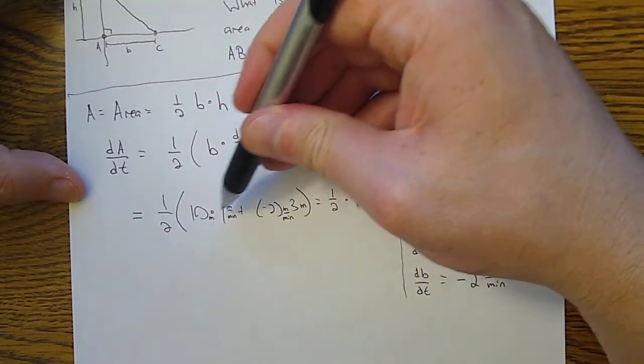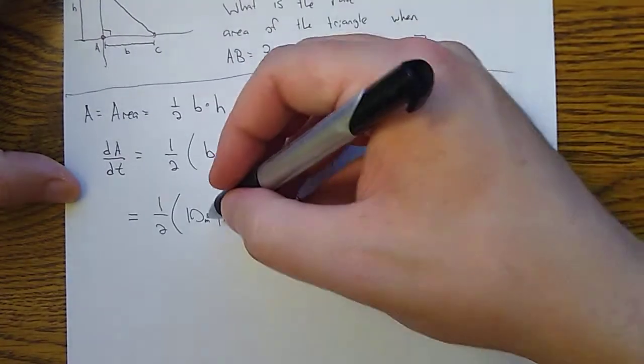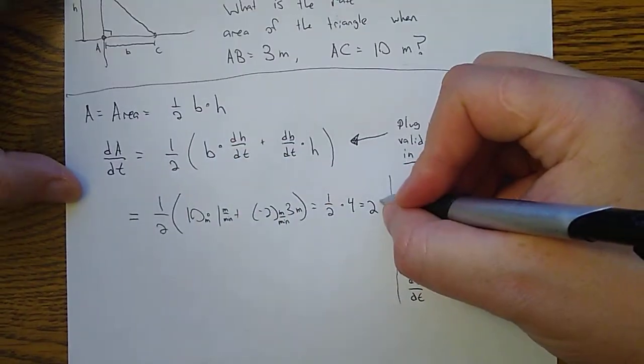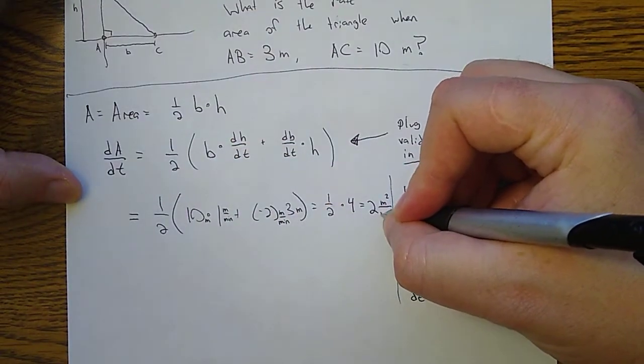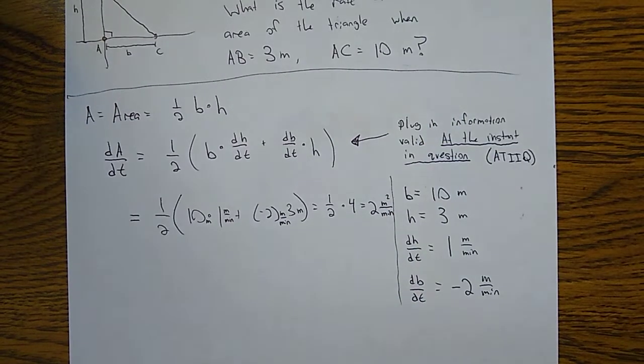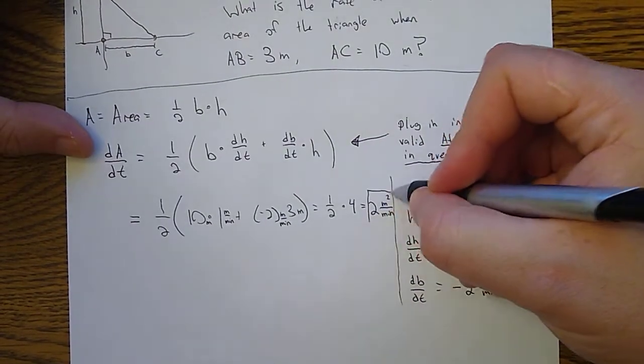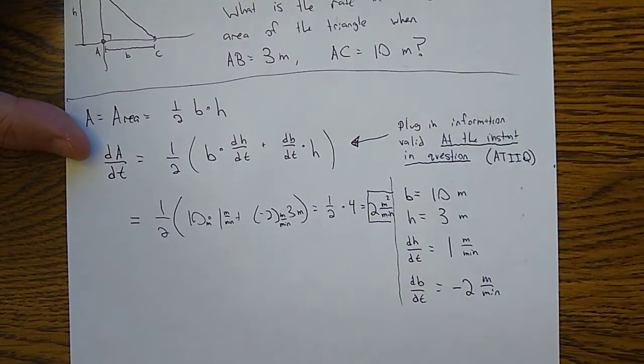So if I look at these units, it looks like the units should be meters squared per minute. There's another way to figure out what the units should be.